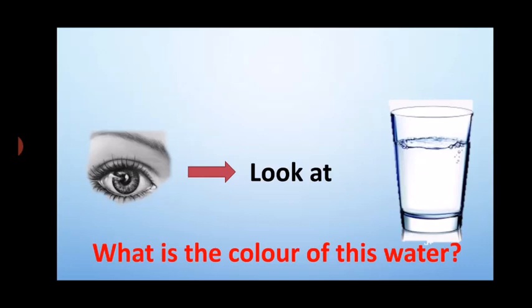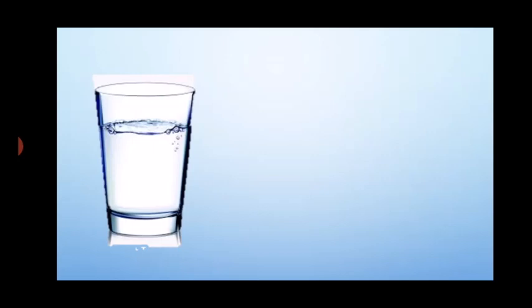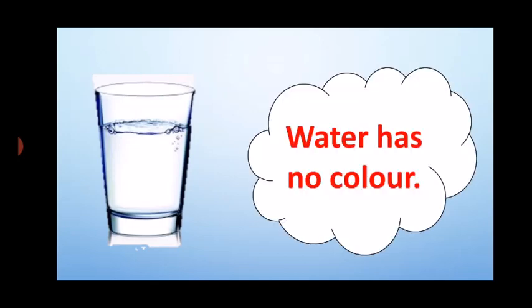That means water has no color. Can you see a glass of water? But it doesn't have any color. It is neither white, nor green, nor pink or orange. So water as such has no color.